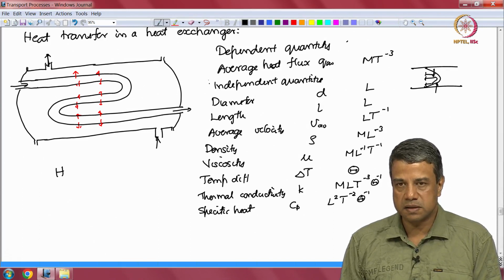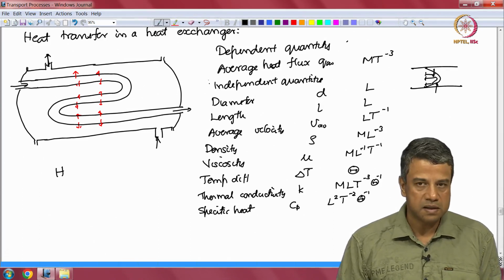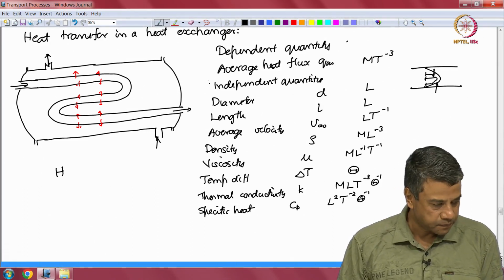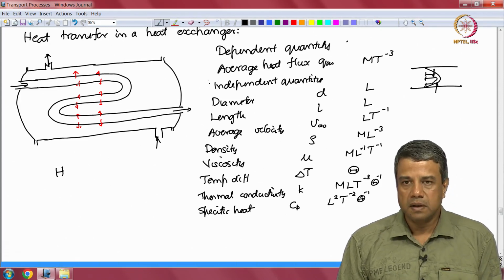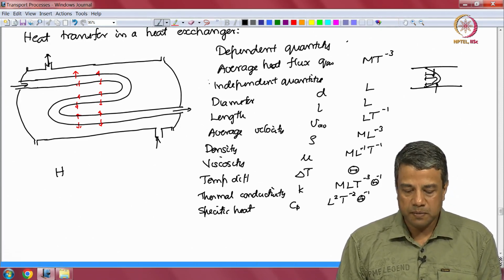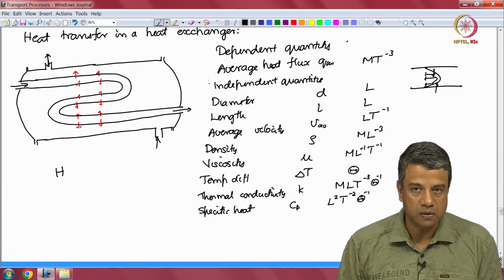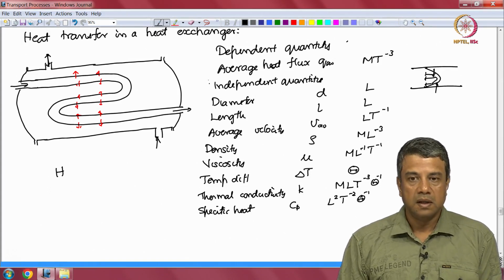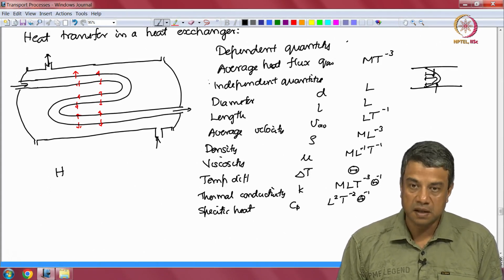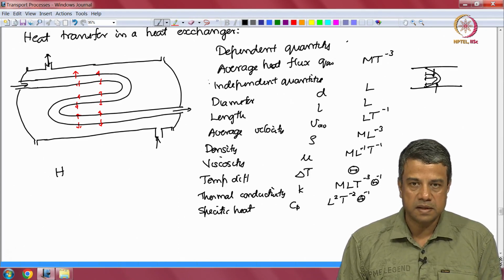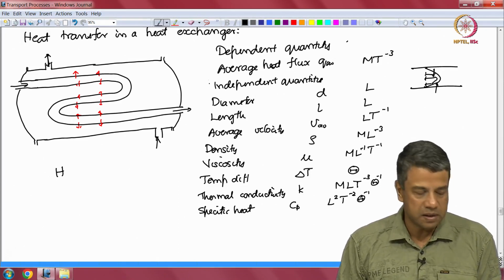As the length increases, the total heat transfer rate does go on increasing. However, in order to pump the fluid through this tube, you also have to apply a pressure difference across the inlet and outlet of the tube. Okay. That pressure difference, the energy cost for applying that pressure difference also increases as you increase the length of the tube.